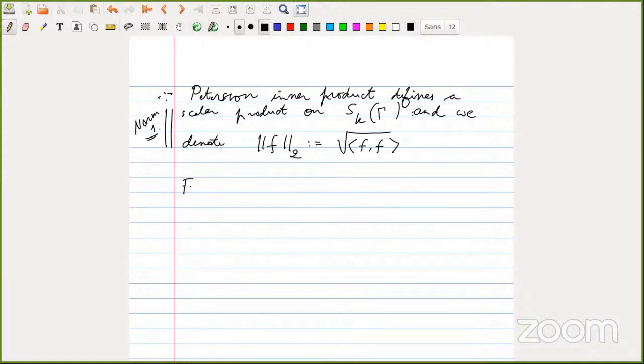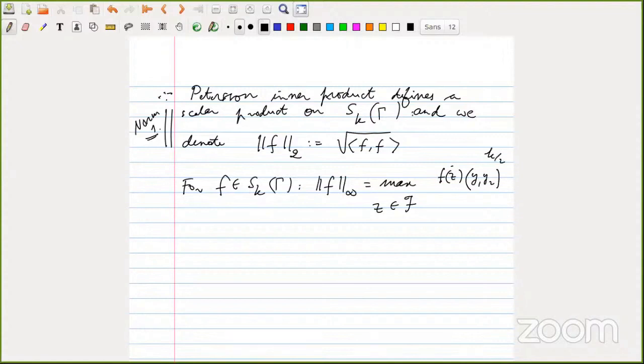For f inside S_k(Γ), the infinity norm is going to be defined to be the supremum of |f(z)| times (y1 y2)^(k/2).